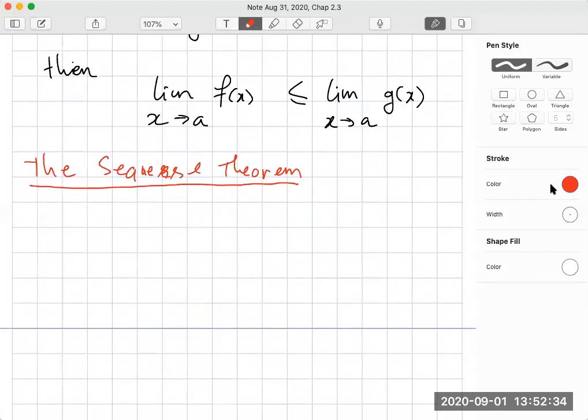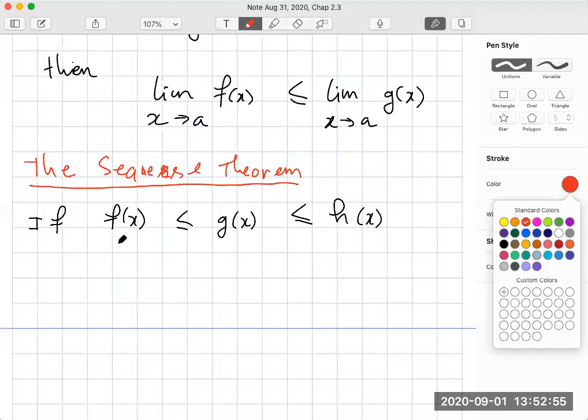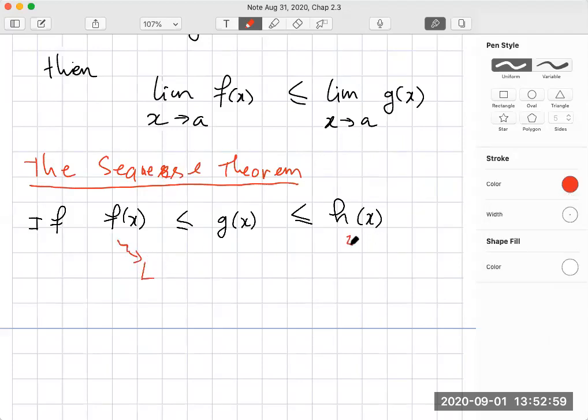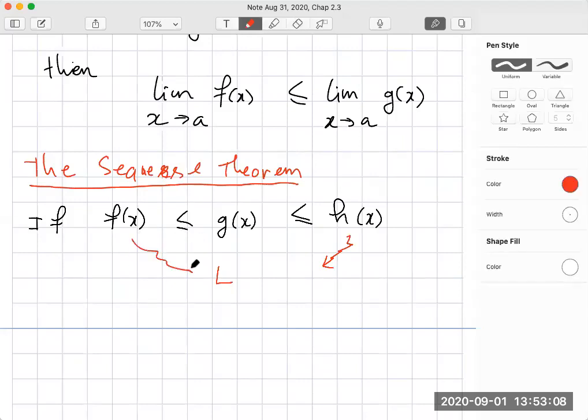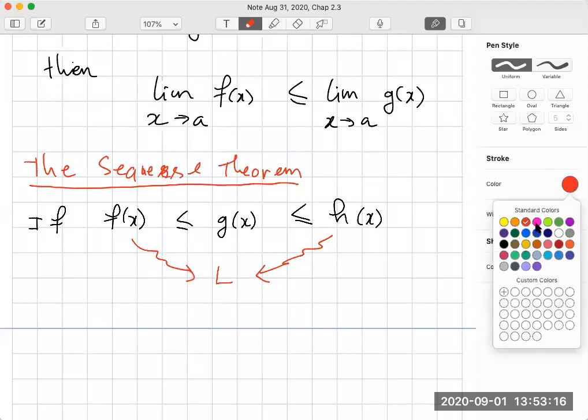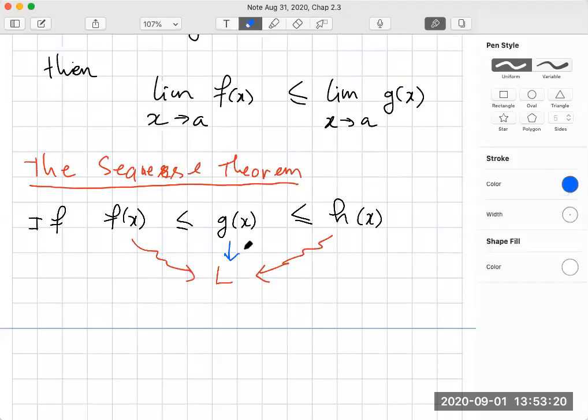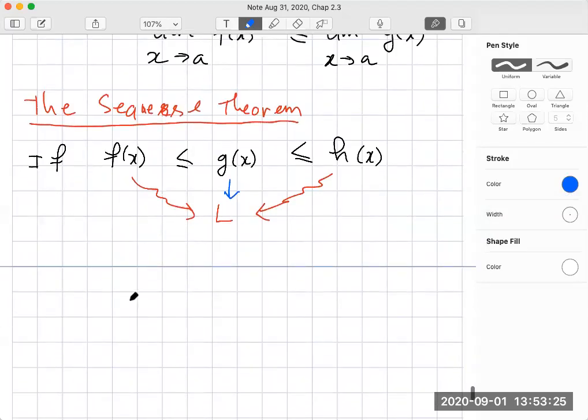It states that if f of x is smaller or equal to g of x, smaller or equal to h of x, and f of x approaches L, h of x approaches L here, then g of x should also approach L. Or we write it this way, the limit of g of x equals L when x approaches a.